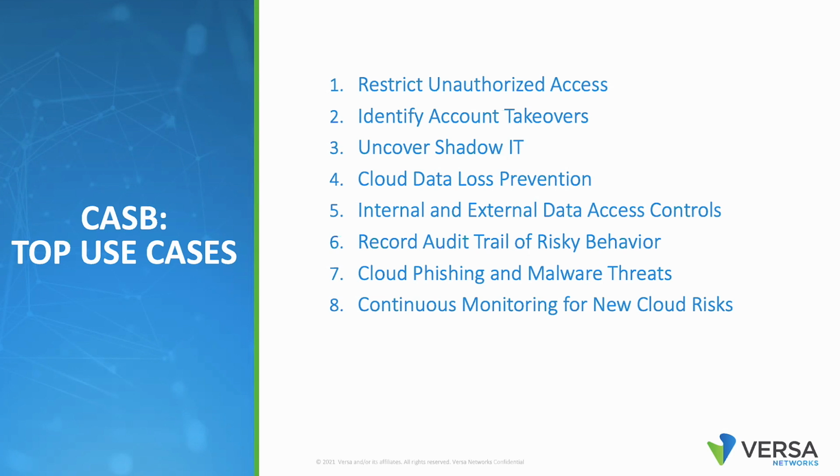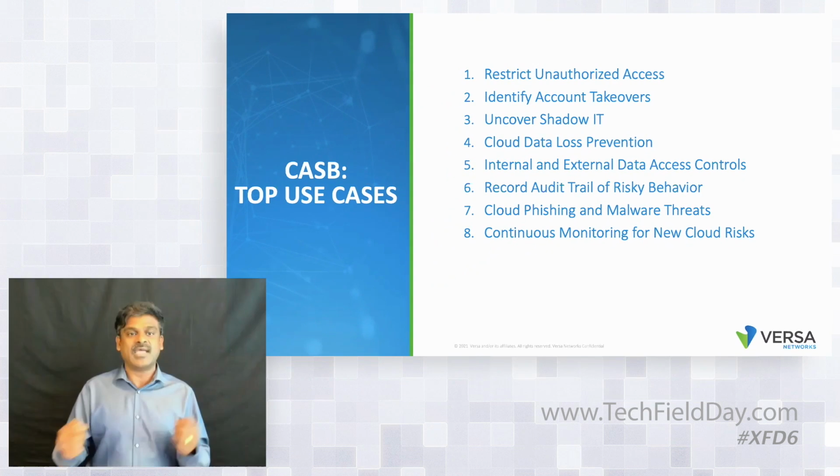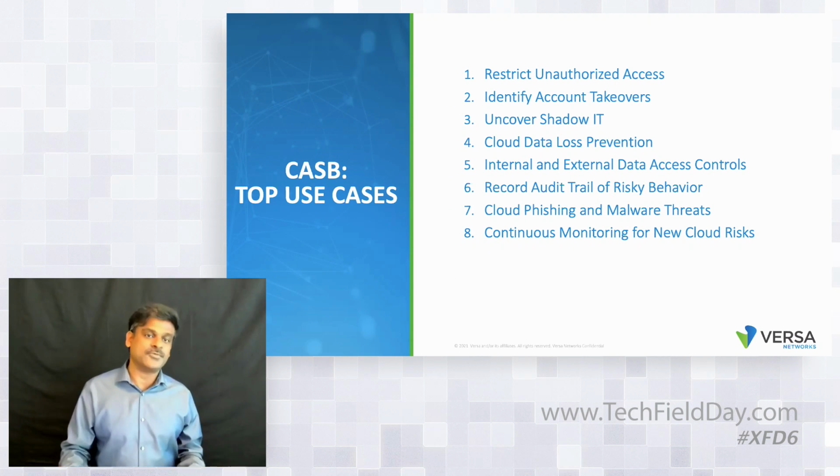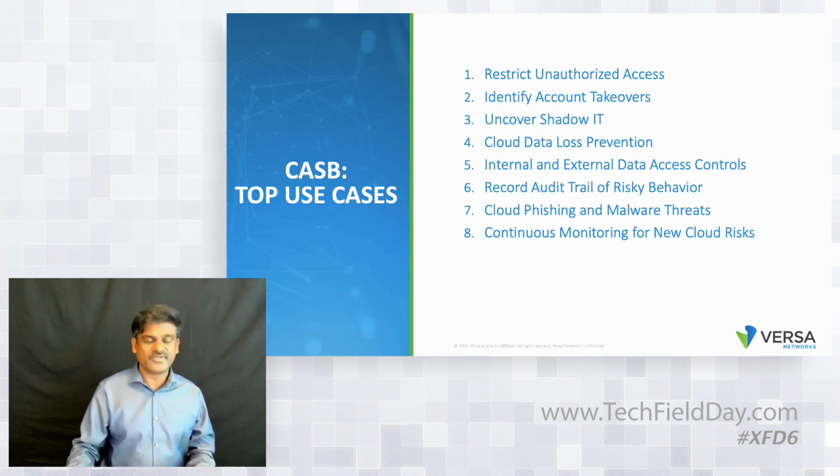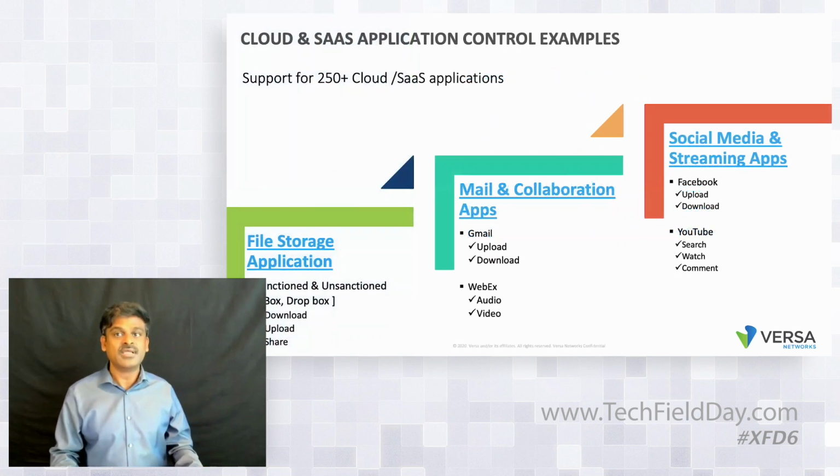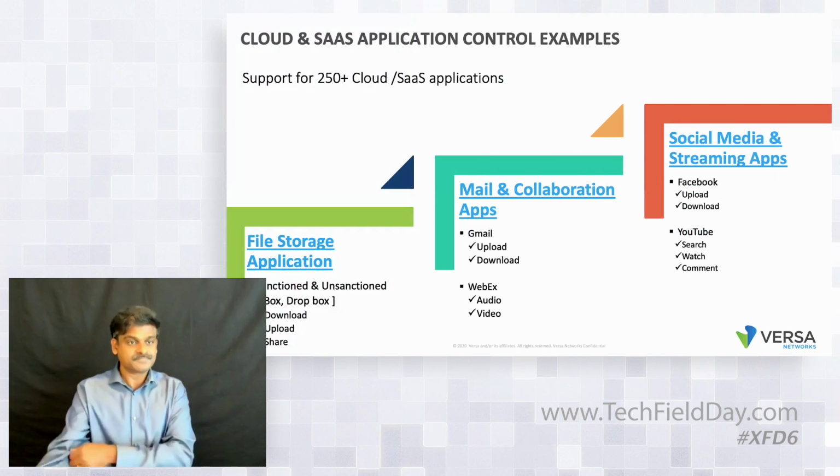This behavior change is something that we can keep track of using our CASB, which can use our AI and ML algorithms to figure out this risky behavior and flag it appropriately to the IT administrator, who can then take corrective action. So these two, in fact, are my personal favorites among our CASB applications.